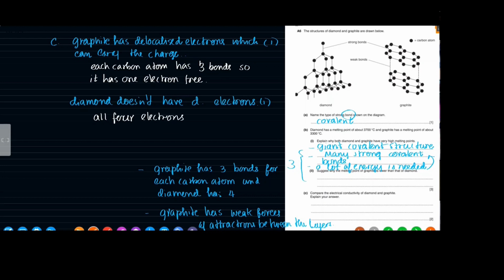When we say all 4 electrons, we are referring to the valence shell electrons. So that's the elaboration.